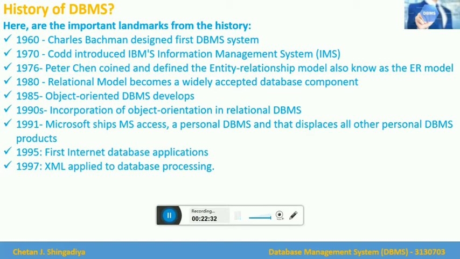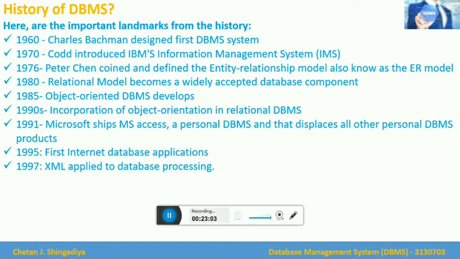Then in 1970, Codd introduced IBM's Information Management System, that is IMS, which stands for Information Management System. Then in 1976, Peter Chen coined and defined the entity relationship model, which is known as the ER diagram, or ER model.